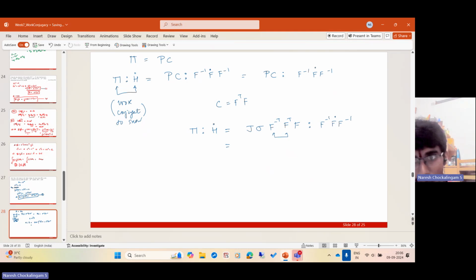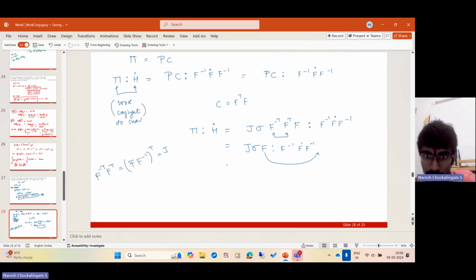So F inverse transpose F transpose is what? It is F inverse the whole transpose, which is nothing but identity. So this is nothing but J sigma F contracted with F inverse F dot F inverse. Now take this F to the other side. Using the second of the two relations that we just saw, it is J sigma contracted with F inverse F dot F inverse F transpose.